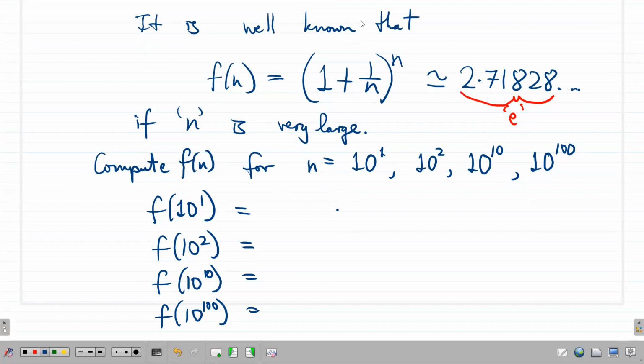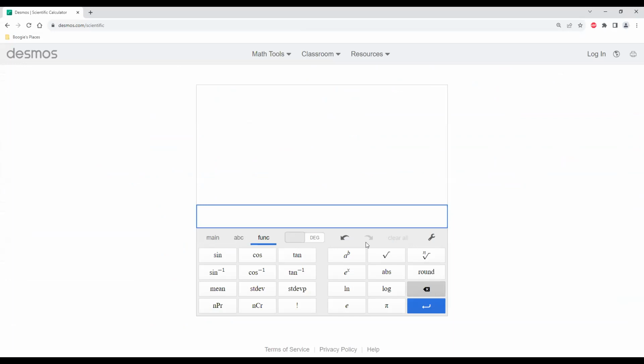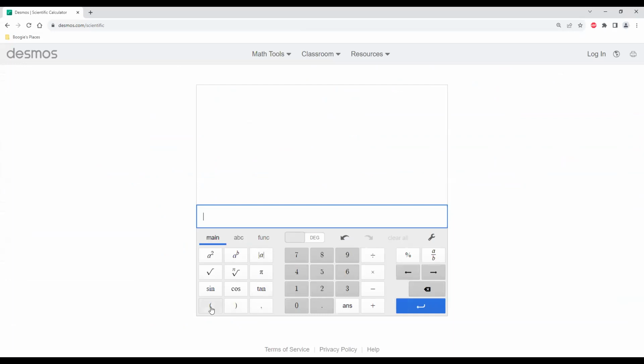So let's flip over to our calculator again and see what we get. Let's start with 10 to the 1. So I take 1 plus 10 to the power minus 1, whoops, all raised to the power 10 to the 1, I guess.